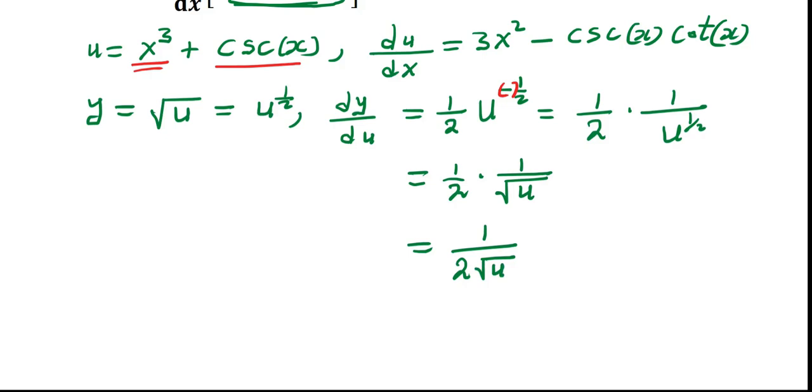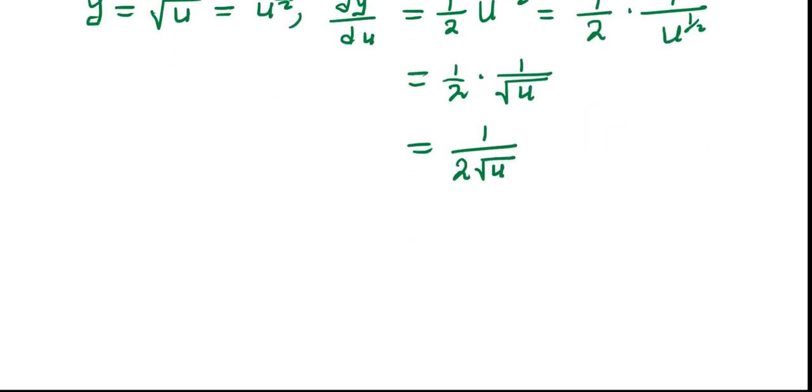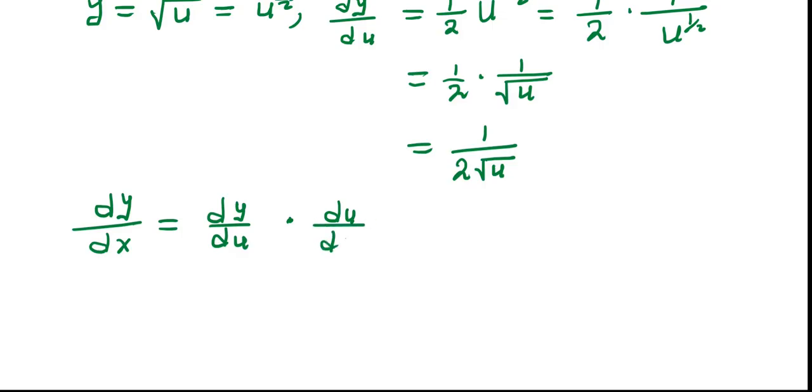Okay, so now let's apply the chain rule to this. So dy/dx is equal to dy/du times du/dx. Remember, dy/du is simply this.